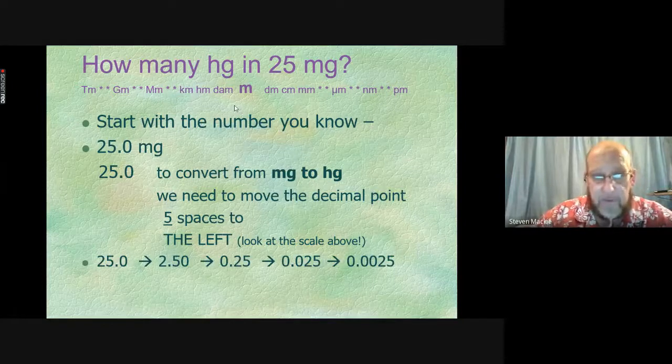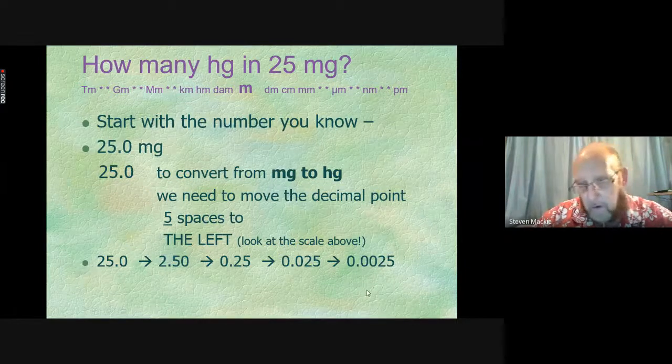Now, let's see if I got that right here. I moved it 1, 2, 3, 4. Need one more of these, don't we? We moved it from here, 1, 2, 3, 4, 5.